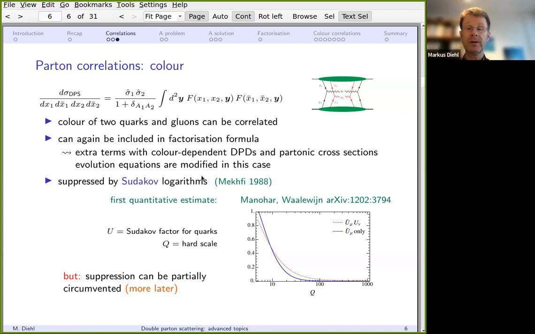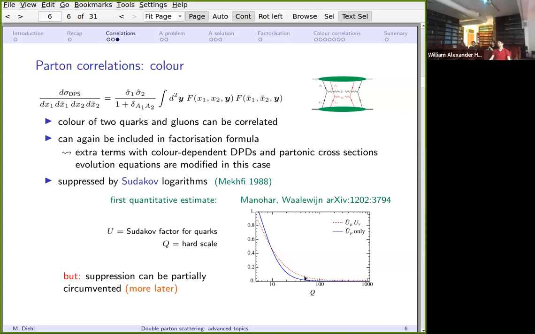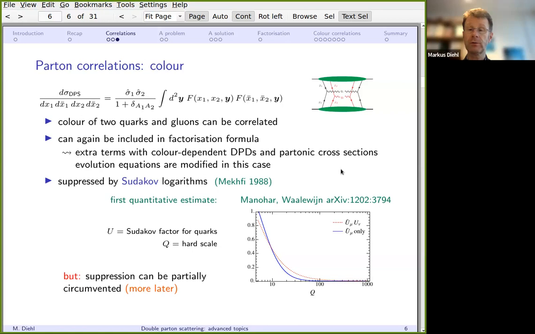So a first quantitative estimate of that suppression factor inside a DPD was given by Manohar and Waalewijn some years ago. Well, it's even a decade, time flies. And you see, depending on the final hard scale with two versions of approximations, don't worry about that here, you find for an electroweak physics scale, you can forget about color correlations because I can't even read off how strong the suppression is here.